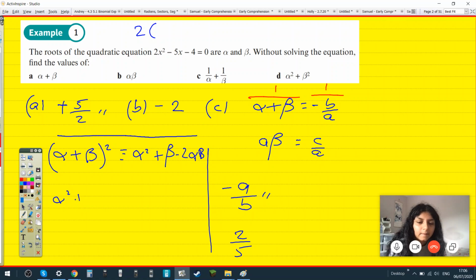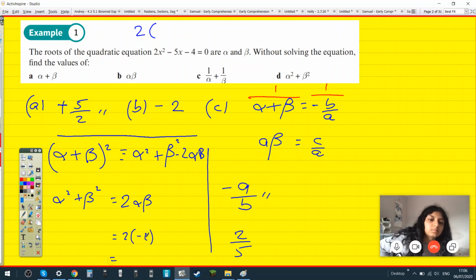Alpha squared plus beta squared equals 2 alpha beta. And what is alpha times beta? Minus 2. Equals minus 4. Yeah, that is it.